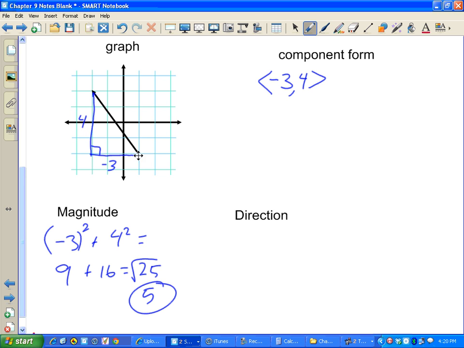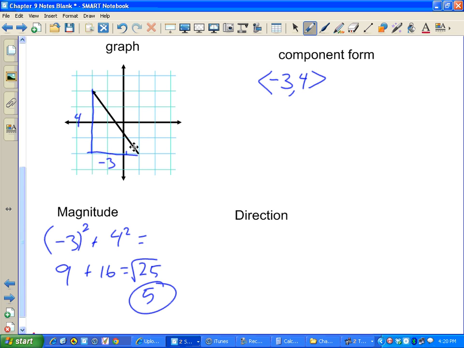Its direction is the angle it makes with the x-axis. So I can do kind of the same thing. So I've got this angle, and this is negative 3 and this is 4. I want to know what this angle is, this angle that it would make with the x-axis.